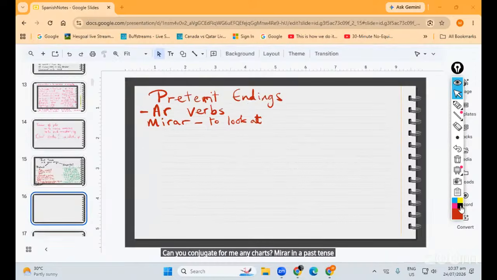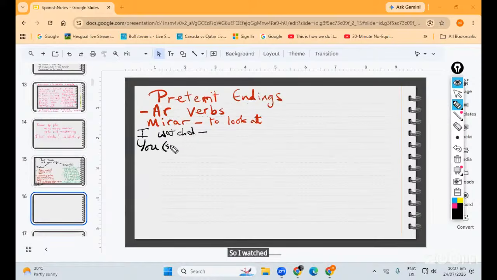I'm going to write out the English on the left-hand side here in the meantime. And I'm going to use watch because that's a little shorter than I looked at. So I watched, you, singular and informal, watched. Right? So if you know it, put it in the chat.